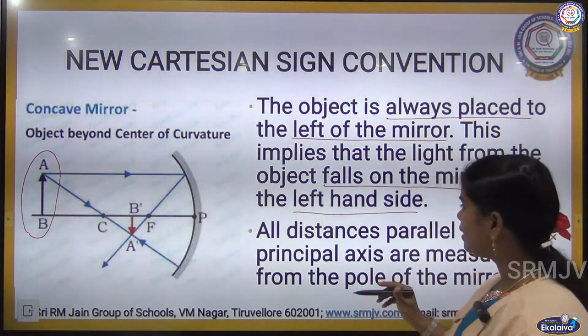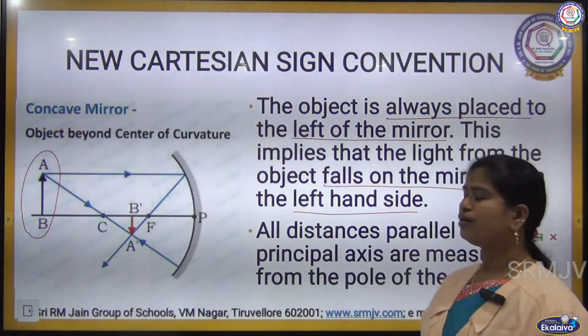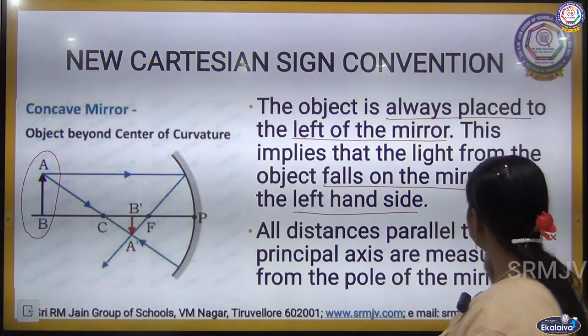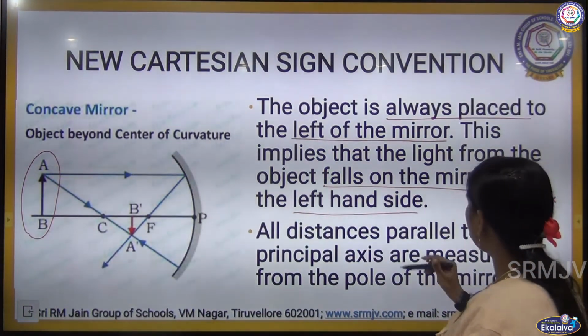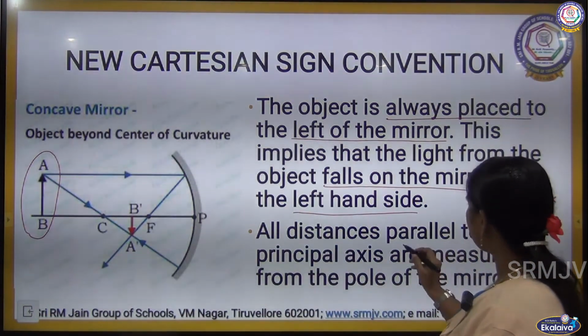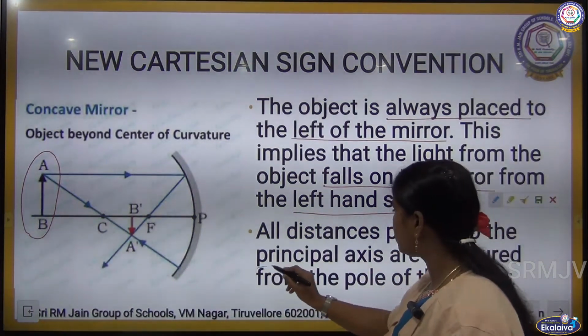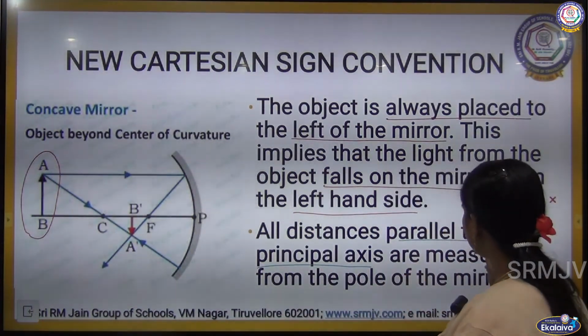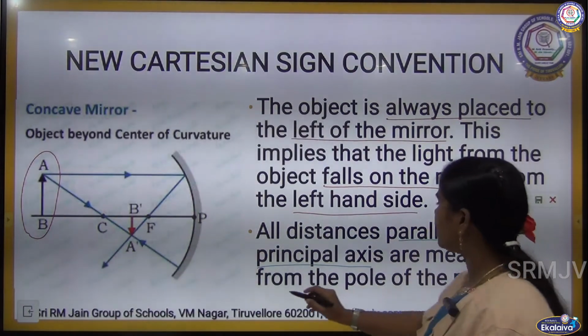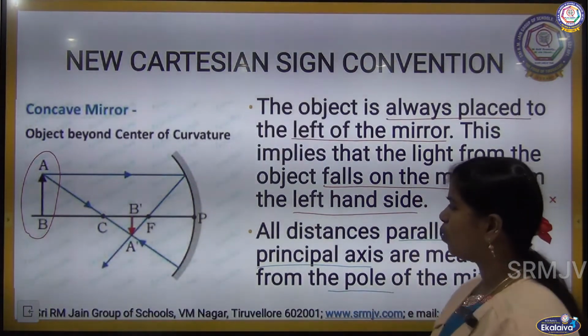Okay. And then the next thing is all distances parallel to the principal axis are measured from the pole. Okay.